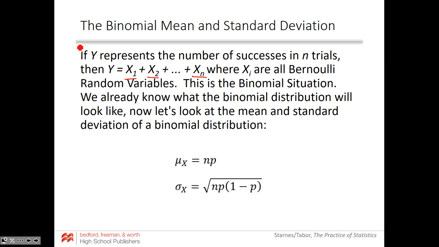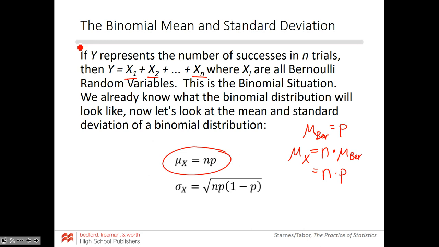The mean of my Bernoulli random variable, and I'll write B-E-R for Bernoulli, was just equal to P. So earlier in chapter 6.2, if I want the mean of my binomial, I can take n times the mean of my Bernoulli, because I have n Bernoullis. So in other words, n times p. So the mean of a binomial random variable is just n times p.